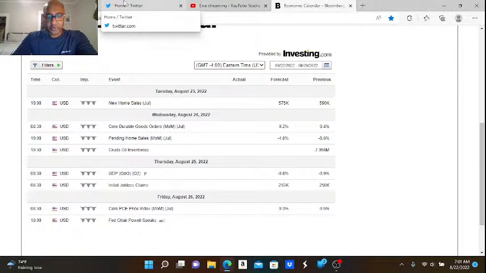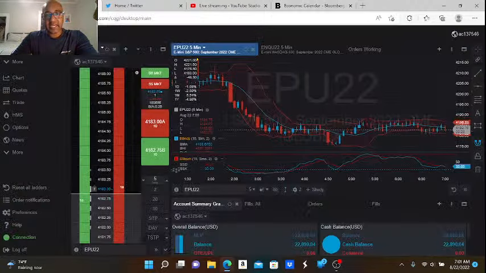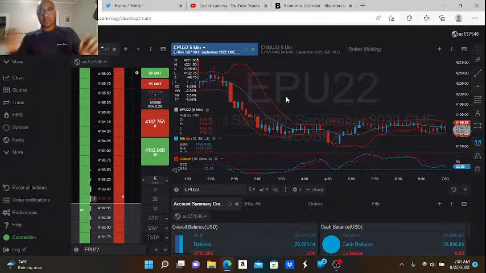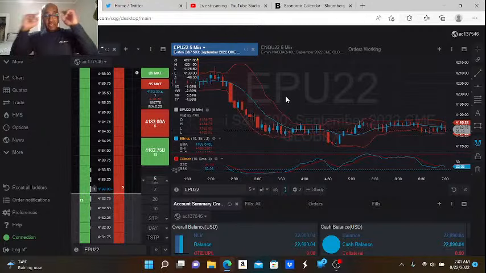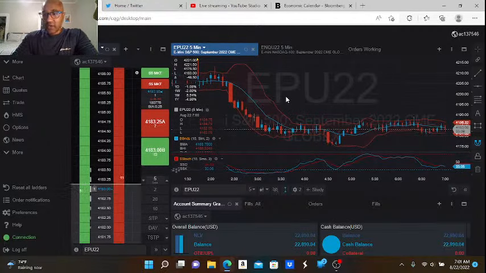Core durable goods orders, specifically, let's just focus on the durable goods orders, are larger ticket items, right? They consider it to be items that if you were to have purchased and left in your backyard for a period of 3 years, and they don't go bad or deteriorate and disintegrate and so forth, that they would still be operable.